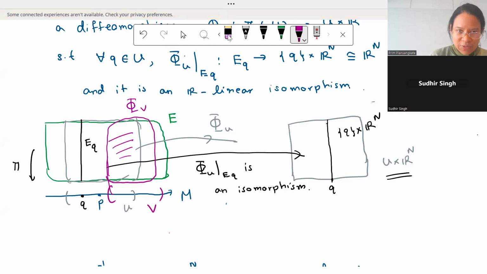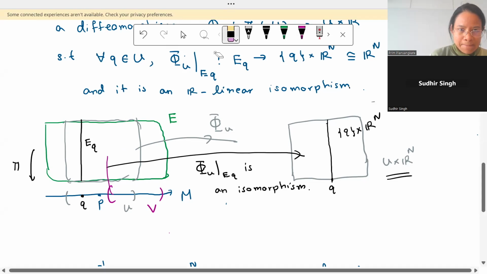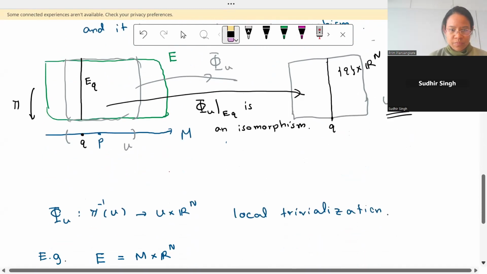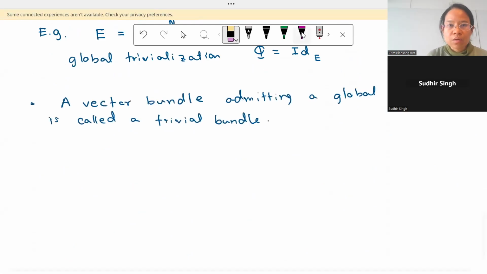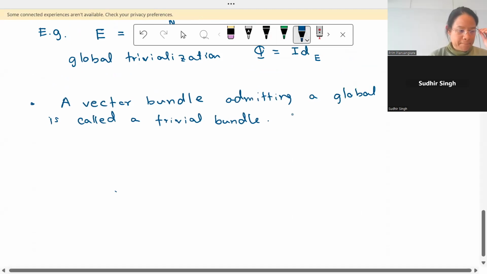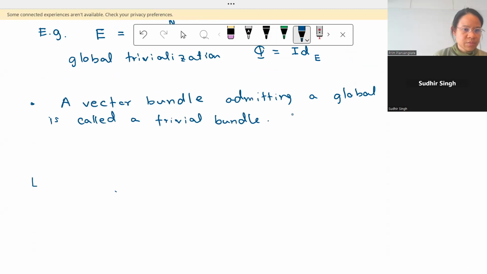Okay, so let's look at this. There's a lemma which says the relation between two local trivializations when the overlap region is non-empty.